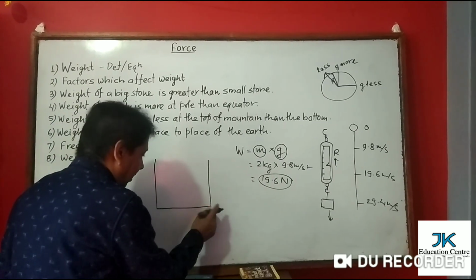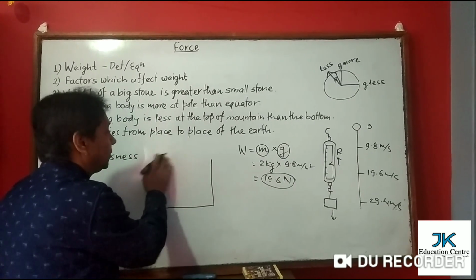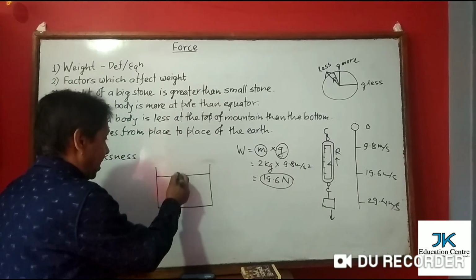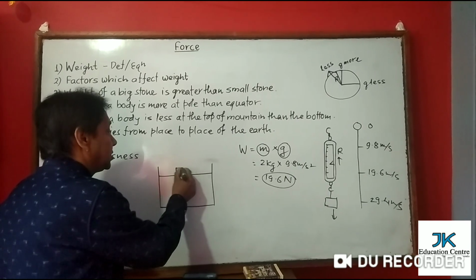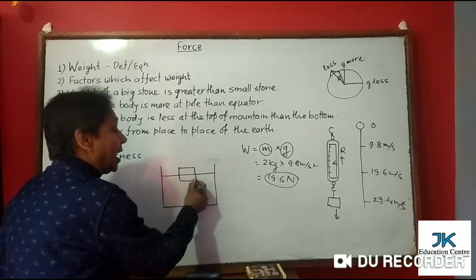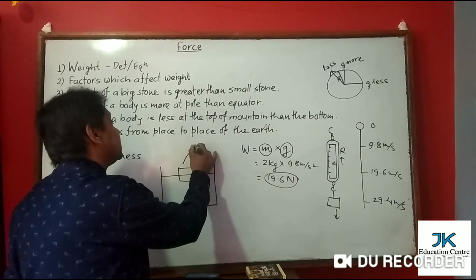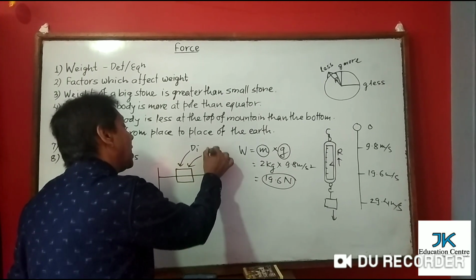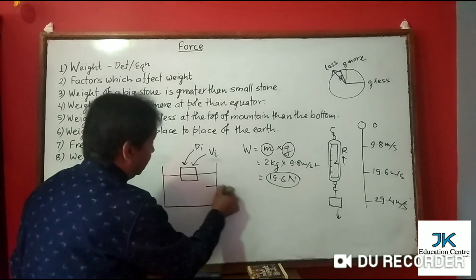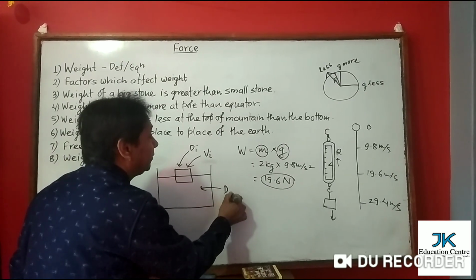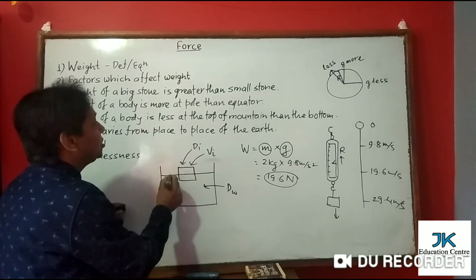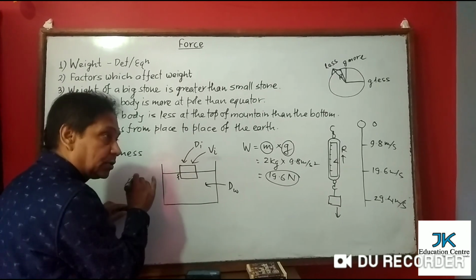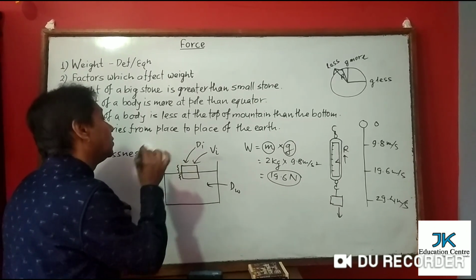I think he wants to know the numerical problem in which a liquid is taken, let's say water, and a certain object which floats in the liquid, let's say this is ice, and maybe the density of ice may be given, or maybe the volume of the ice may be given, and the density of water may be given, and how much part of this ice is immersed in the water, or how much part is outside the water may be the question.